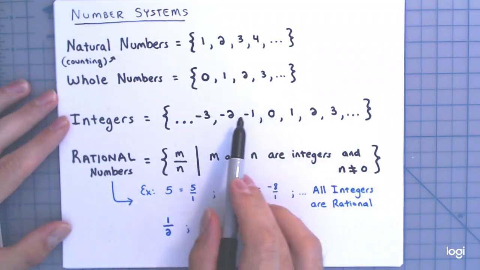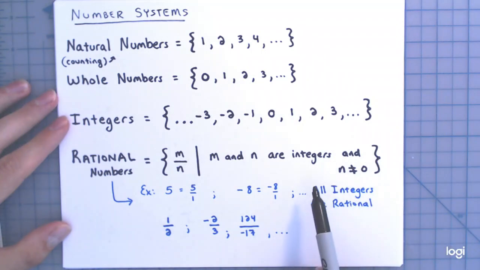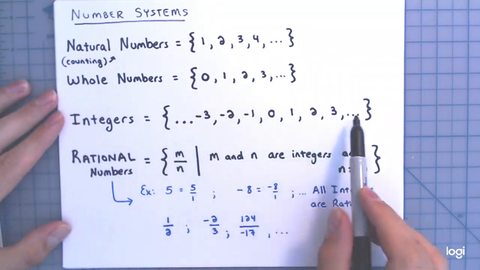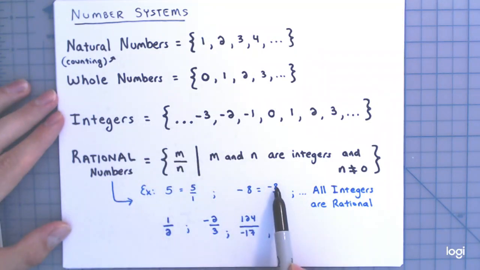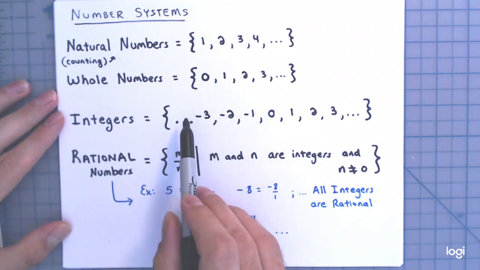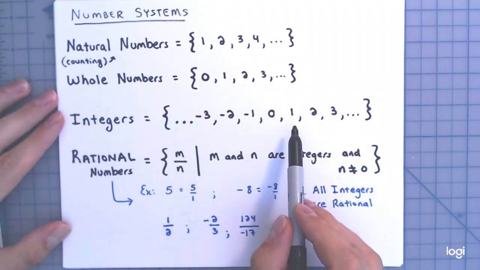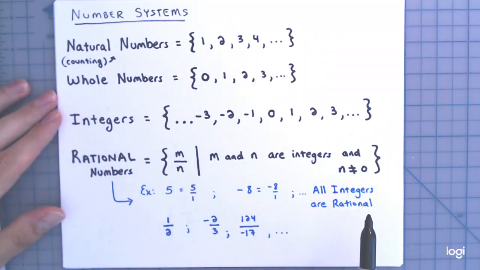But again, you can write it as a ratio of two of these integers. In fact, you could do that with every integer, right? 5 is an integer, you can just write it as 5 over 1. -8 is an integer, right? You can just write that as -8 over 1. All the integers are rational, right? You can take any one of these and put it over 1, and consider it a rational number. But there's plenty of other fractions that aren't going to be equal to an integer, right?